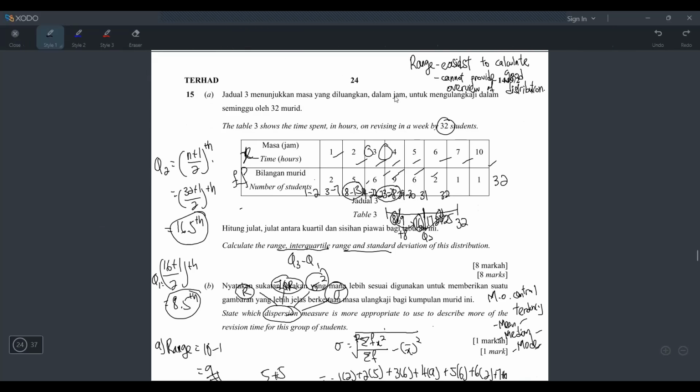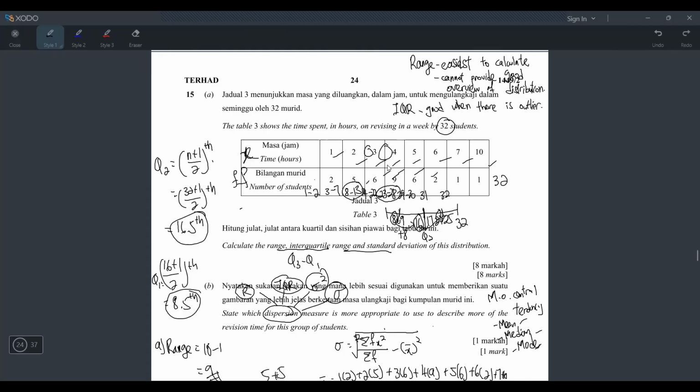Next is the interquartile range. What you have to know is that it is very good when there is an outlier. An outlier is one number that is an extreme value, too big or too small.